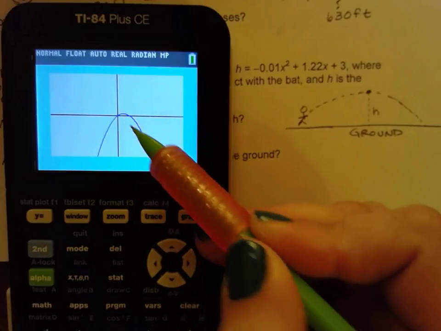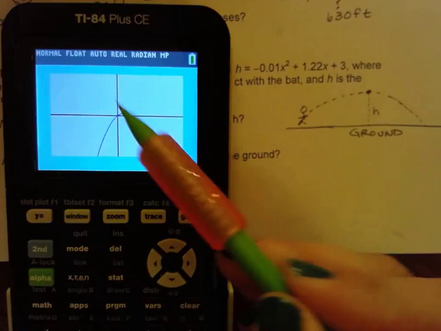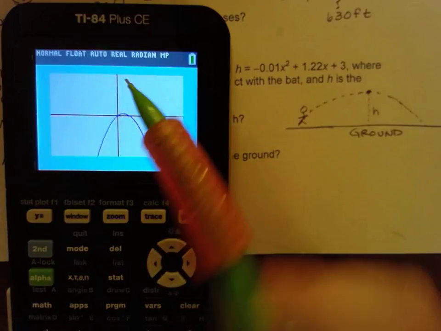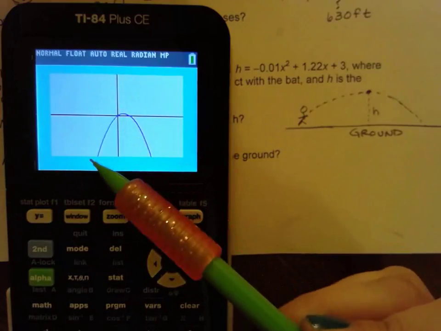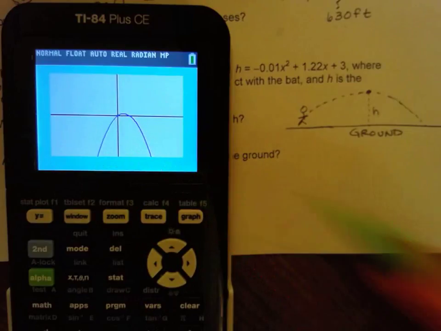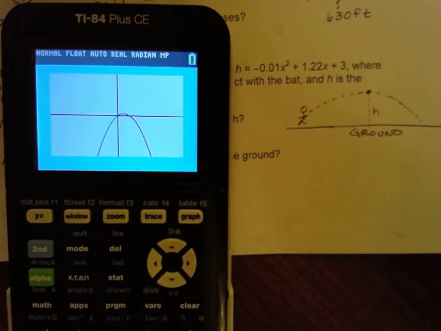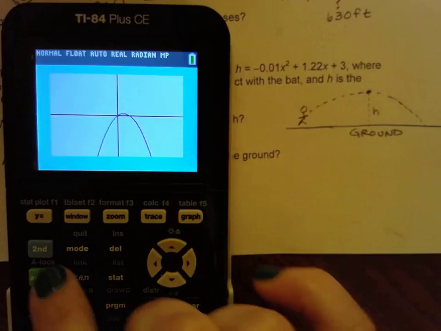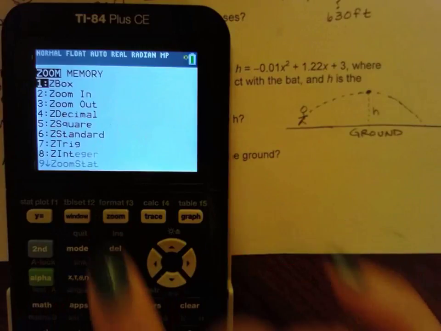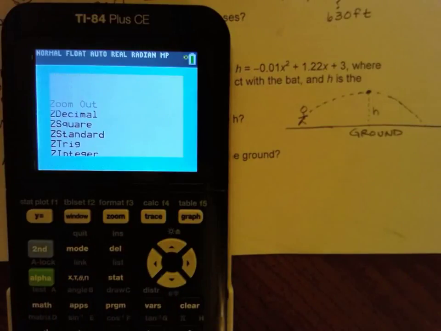We don't care about this negative stuff. We only care about when the ball is above the ground. These spots on the parabola are as if the ball would be underneath the ground, and that doesn't really happen, not at any baseball game I've ever seen. So we're going to zoom standard and see what that looks like.